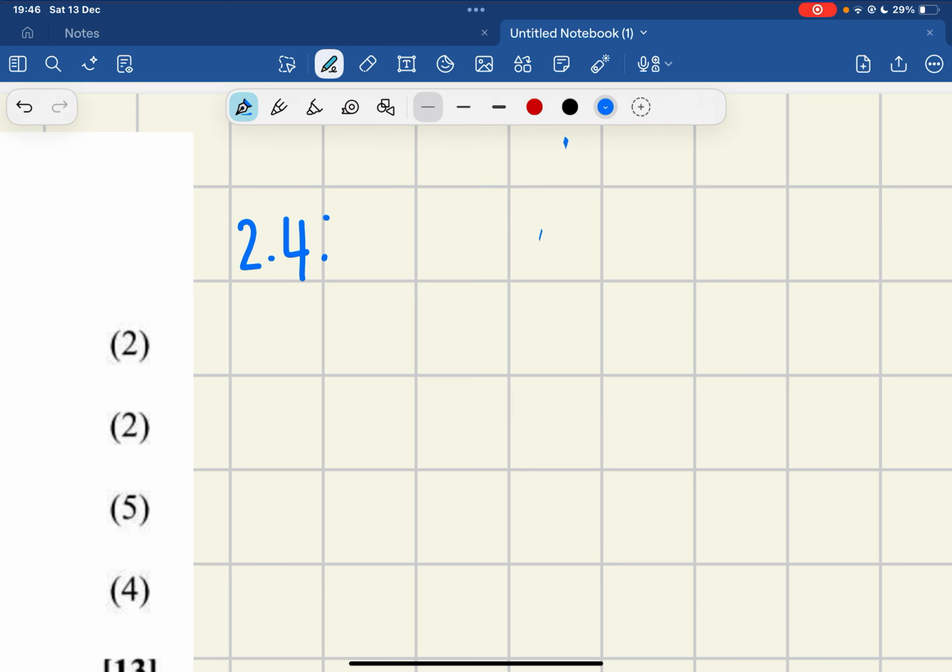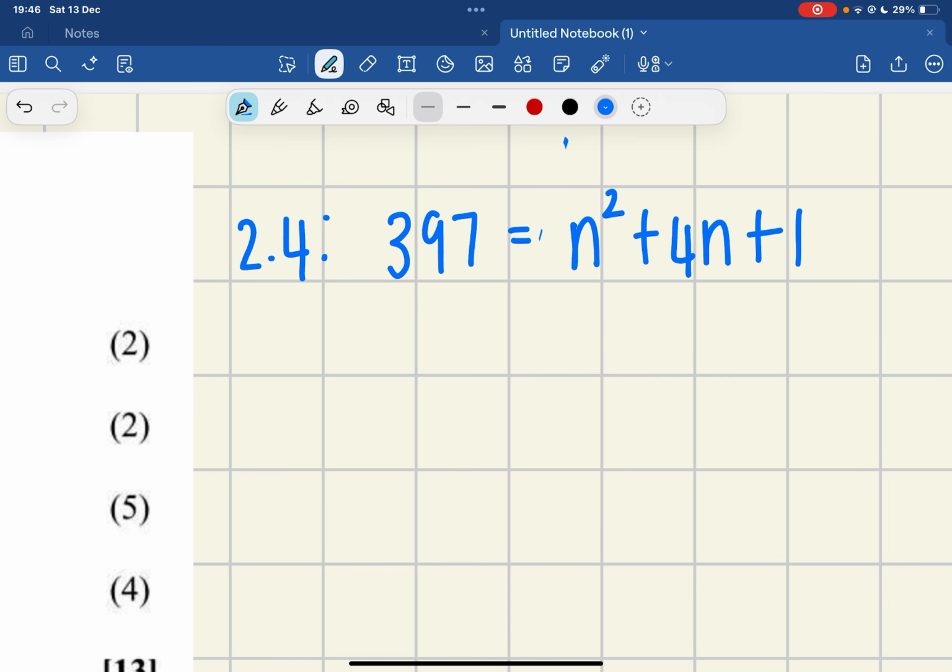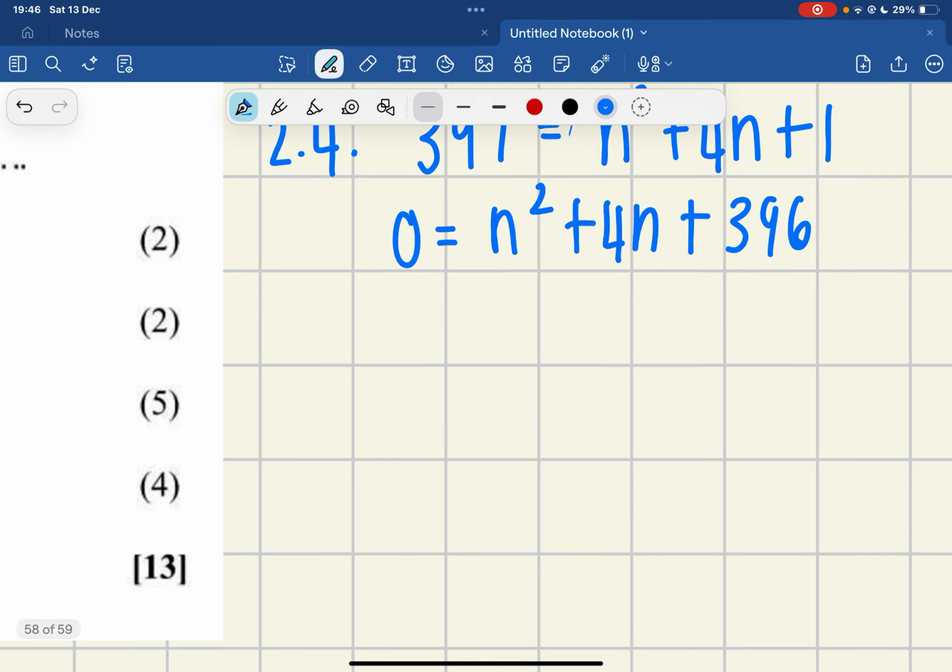So therefore, 397 is equal to n squared plus 4n plus 1. 0 is equal to n squared plus 4n plus 396. Right?